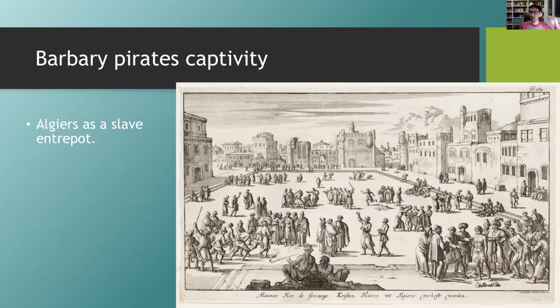So, what about captivity on the Barbary coast? Well, this was a simultaneous story that was going on, and it had a longer development in time. Algiers became a major slave entrepot, and a lot of the people who were traded as slaves in Algiers were Christians kidnapped in southern Europe and in the Mediterranean.